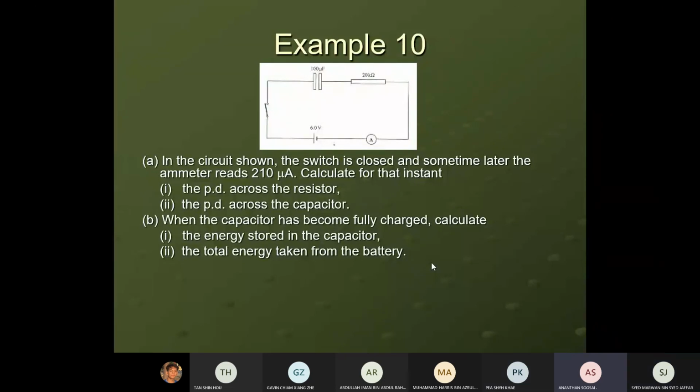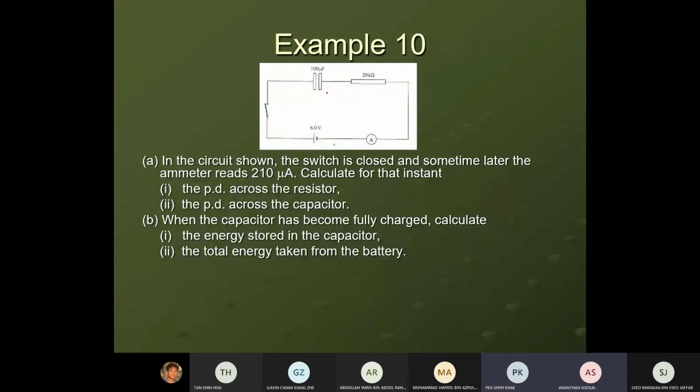Read the question, try to do it yourself first, 1 minute. Okay, so you get the first answers.